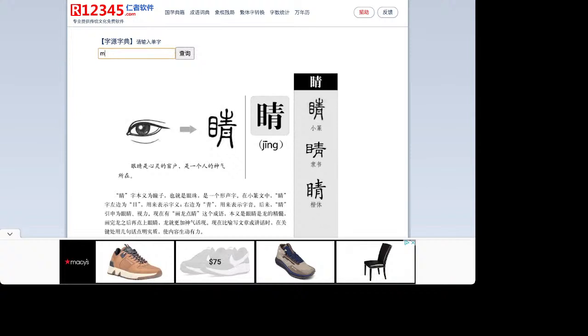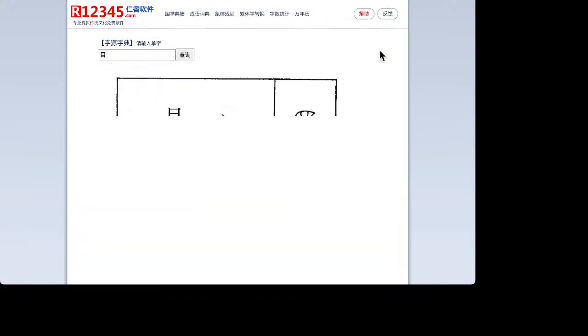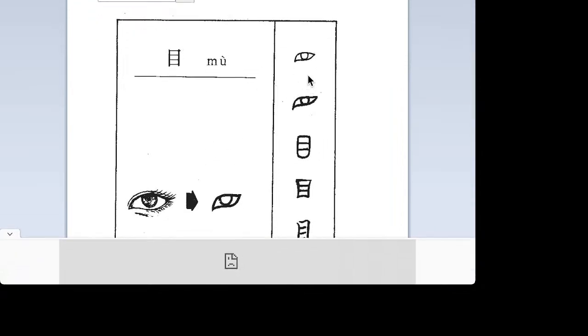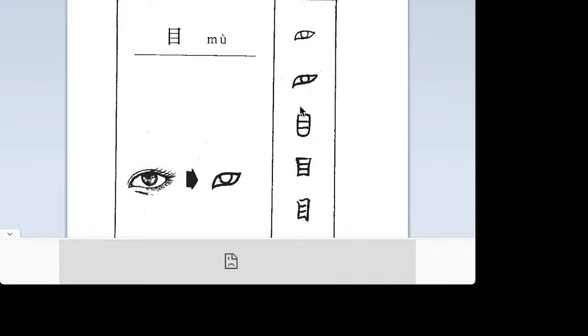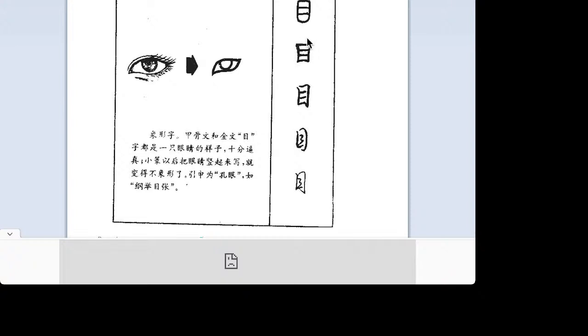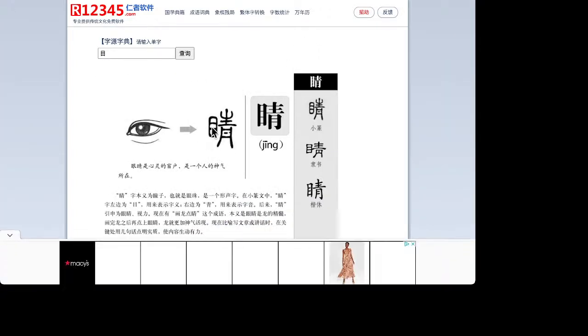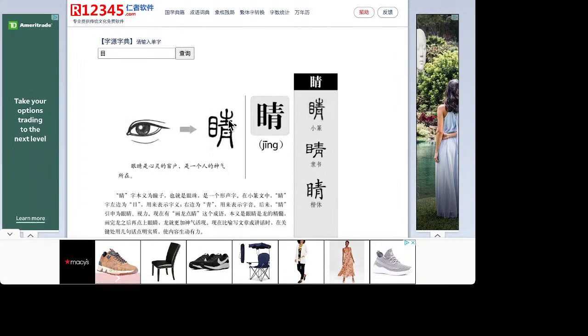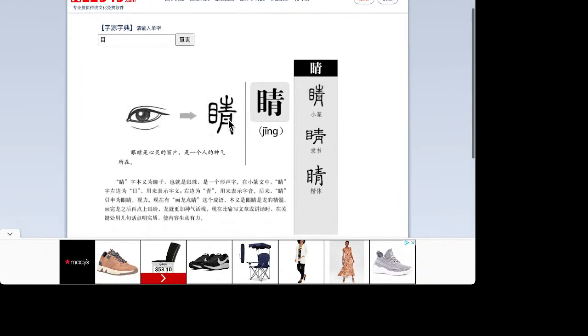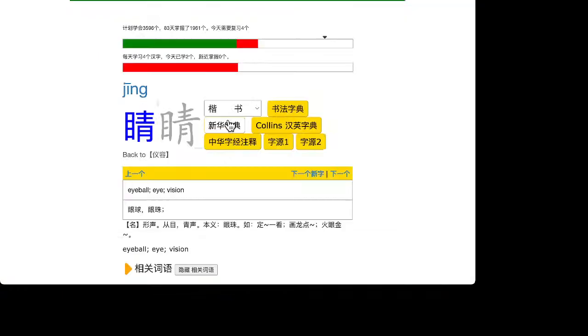See, originally it was just a drawing of an eye, and then they turned it to be vertical, and then it became a rectangle. And then on the right is qing, which is for the sound, the phonetic part.